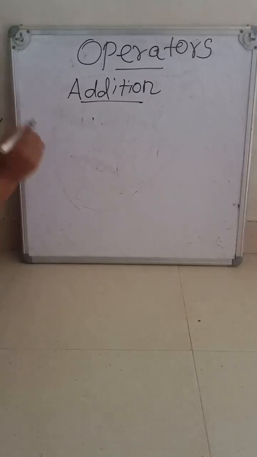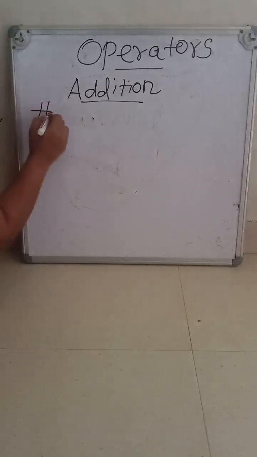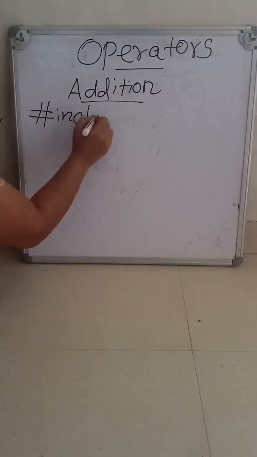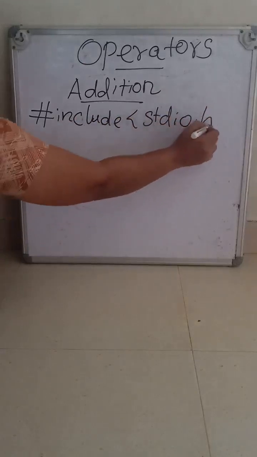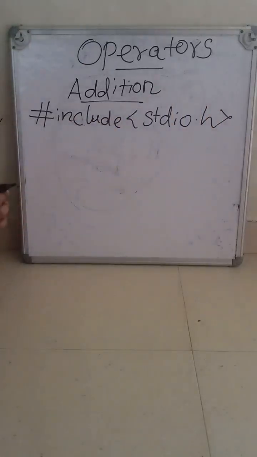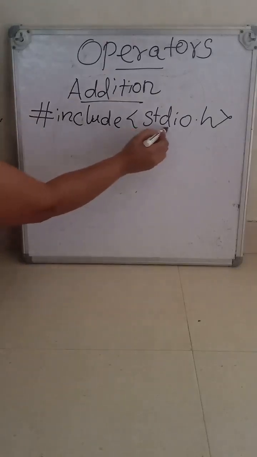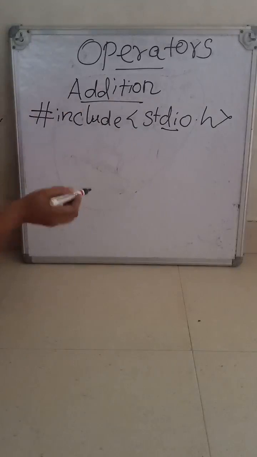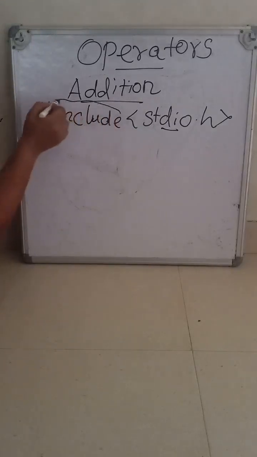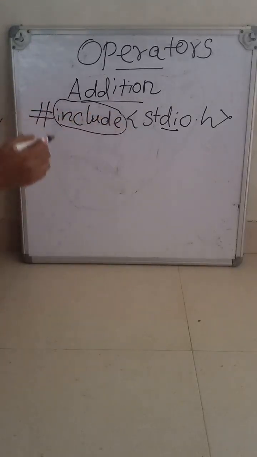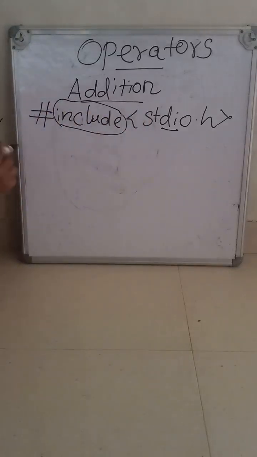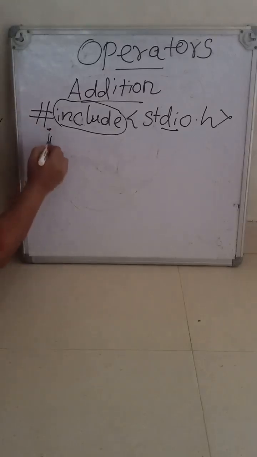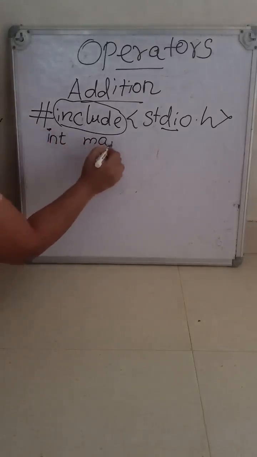We all know that first we have to include the header file stdio.h. That is, stdio stands for standard input and output, and include means we are including the predefined library function stdio, right? Now after that we have to add our main function.